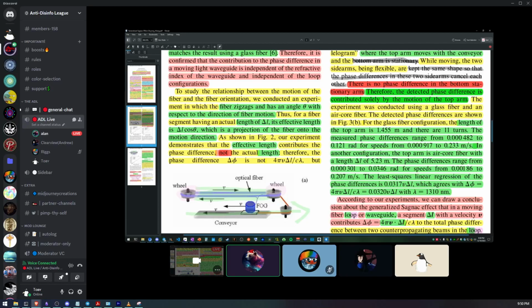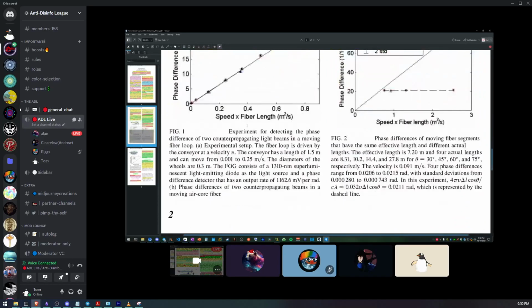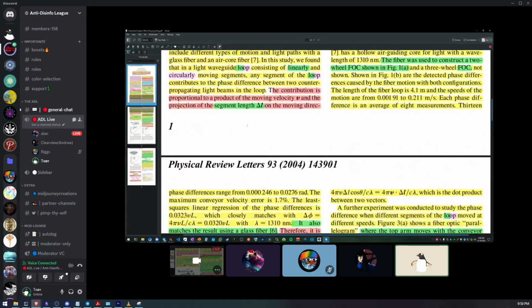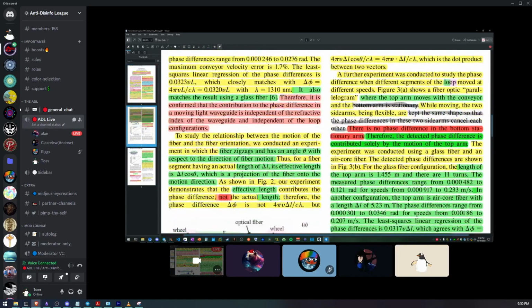All right, so where were we at here? Study the relation. We're up at the top of that paragraph, I think. Okay. It also matches the result using a glass fiber.